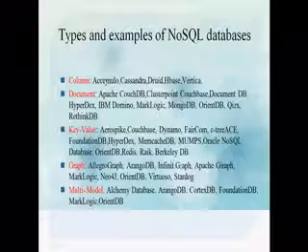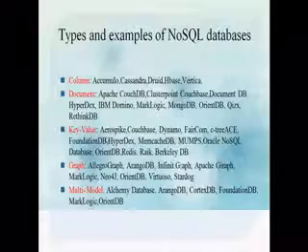Accumulo, Cassandra, HBase, Vertica are examples of the column type. Apache CouchDB, ClusterPoint, Couchbase, DocumentDB, HyperDex, IBM Domino, MarkLogic, MongoDB, OrientDB, RethinkDB are types of document databases.